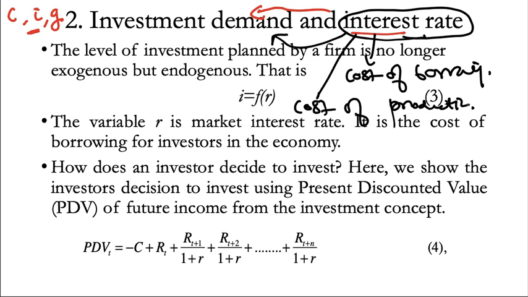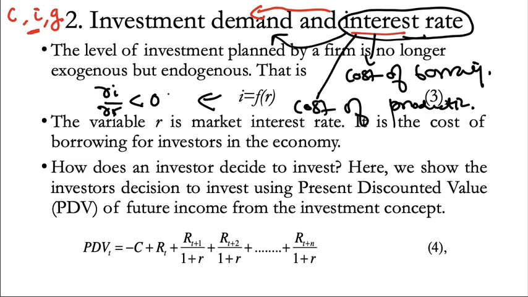So your intention to invest is somehow reduced. So what we can see here is that the relationship between investment demand and interest rate is basically an inverse relationship. In other words, if we try to show it in maths, delta I over delta R is negative, or less than 0.